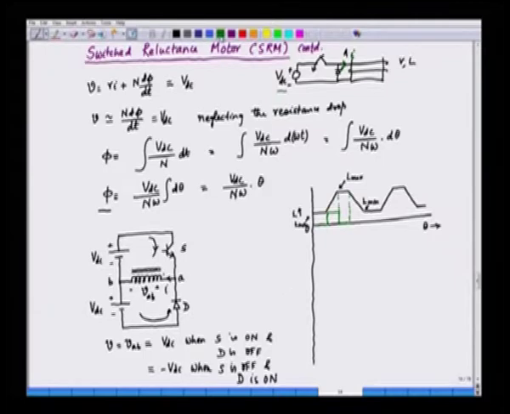So, dL/dθ is negative here, and here it is again 0, and this is periodic, this continues like this.